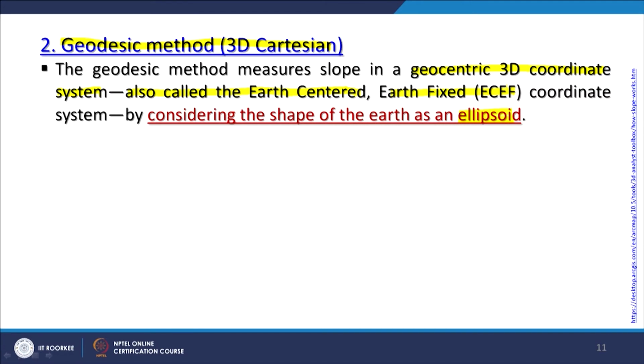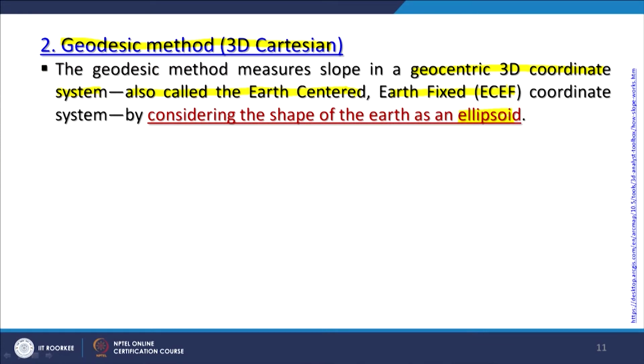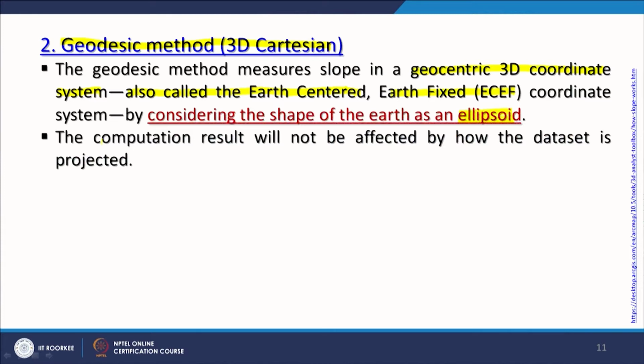This concept is also valid in the case of navigation systems like GPS, BeiDou, NavIC of India, Galileo or GLONASS. There also different ellipsoids are used. Not all navigation systems use the same ellipsoid, they use different concepts. But GPS, for example, uses this ECEF concept, that is the earth-centered, earth-fixed coordinate system, because there also the 3D Cartesian coordinate system is required.